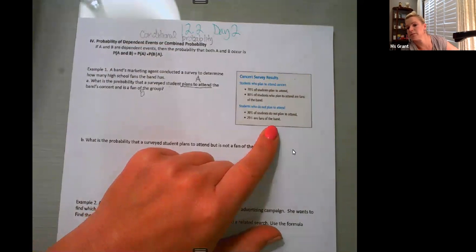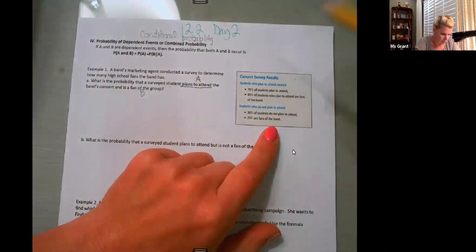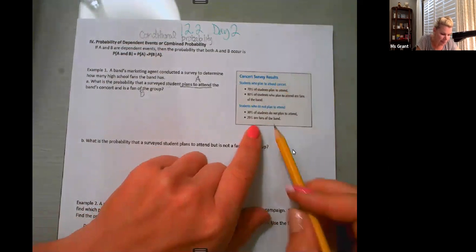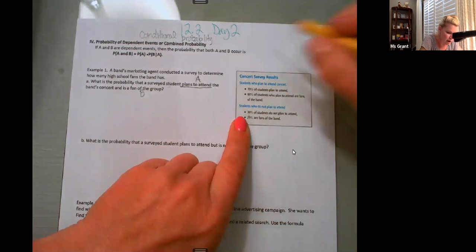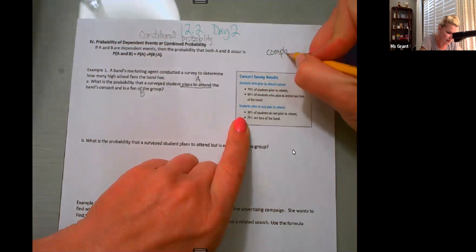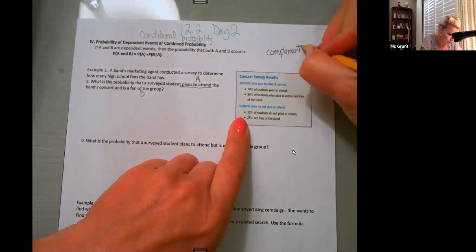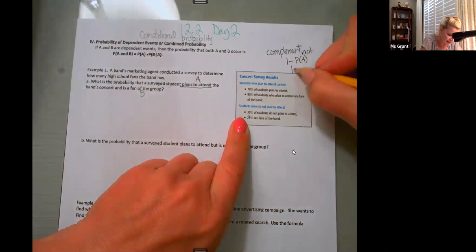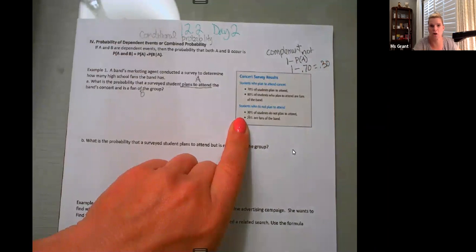And if 70% are going, look, 30% aren't going. That's my complement that I did way back on day 1. 1 minus, what is it? What's not attending? The not. So it's 1 minus 70% equals my 30% that are not going.